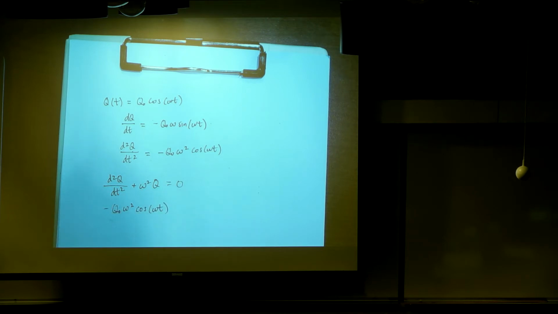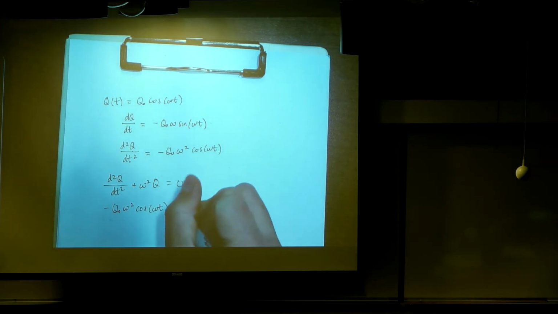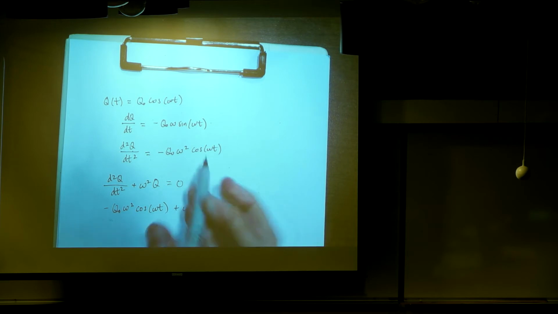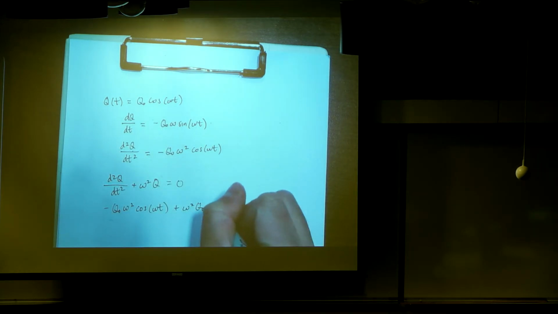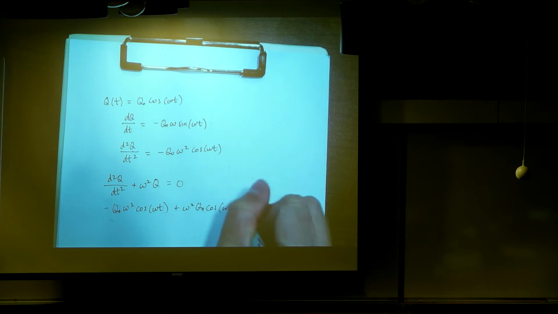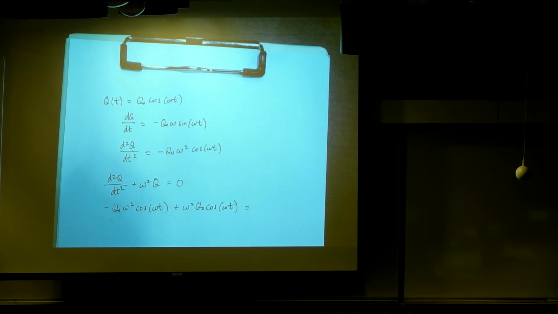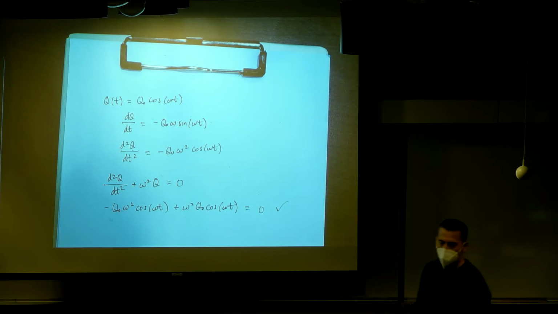That's just the second derivative right there. And then if I add to that omega squared times Q, which is this, Q naught cosine omega t, does that equal 0? Yes, I'm just adding two completely opposite terms. So this shows that that's the solution to the equation, okay?